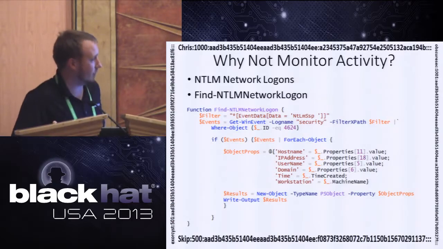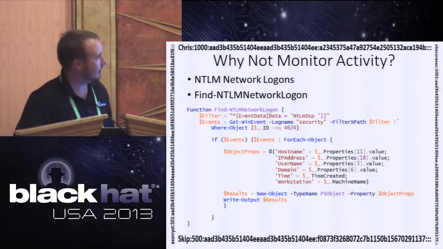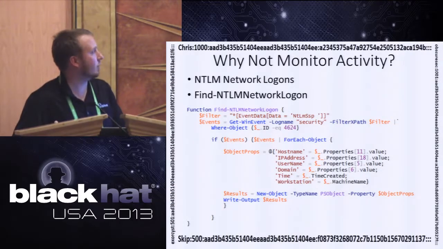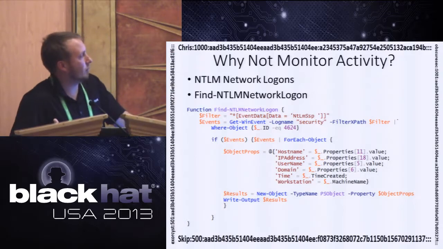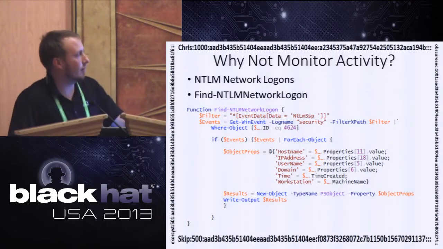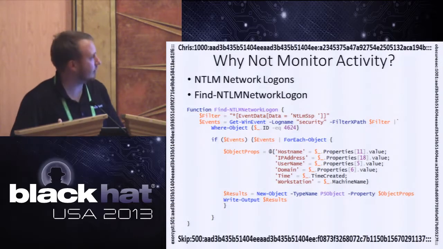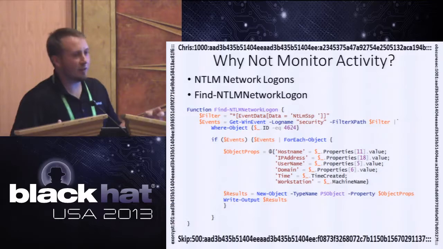So this little function, which that's all it is right there, is going to use an XPath filter, which I did a lot of testing, and this is looking for the older ID, which still works. XPath filters for the Get-WinEvent commandlet. The documentation's not really out there. The query is kind of weird looking, so I had to play with that to get it just right. But it's actually near instant.